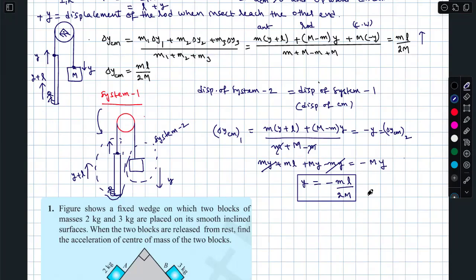What is your answer? It is minus y. So what is minus y? No, this is positive, which means upwards. Any doubts? Very, very good question. Depth question.